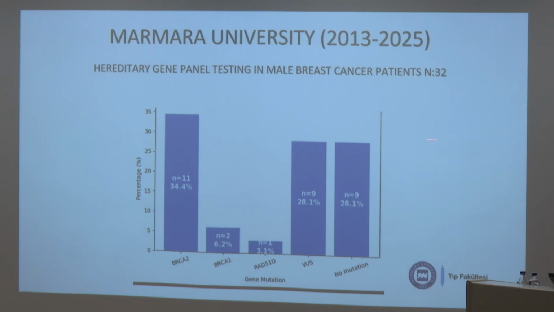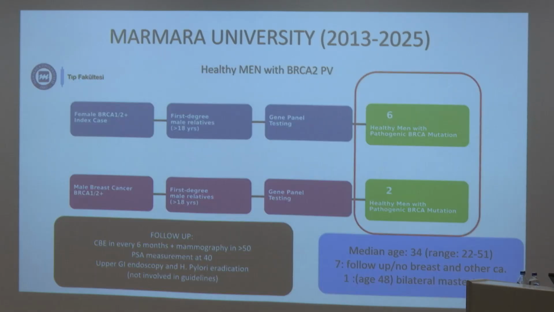So this is our data. We have 32 male breast cancers who were tested for BRCA with hereditary gene panel testing, and we saw that most of these men had BRCA2 mutations, and some had RAD51D and BRCA1 mutations.